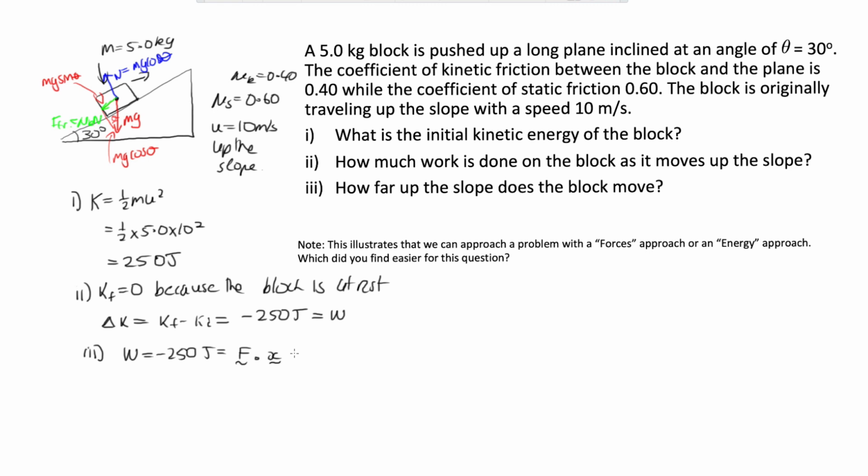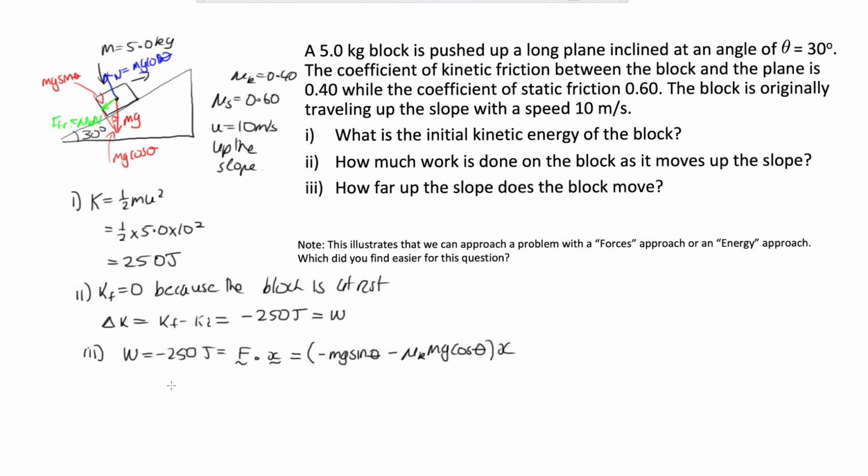So we can say, well, this is going to be equal to the force, which is equal to minus mg sine theta. So that's the component of the weight force. And then we've also got the frictional force, which is minus mu k times n, where n is mg cos theta. And the minus sign here is because it's down the slope, times x.